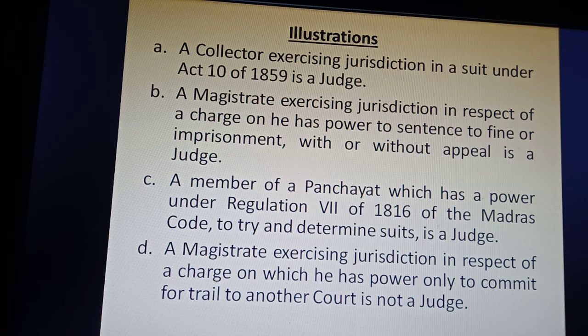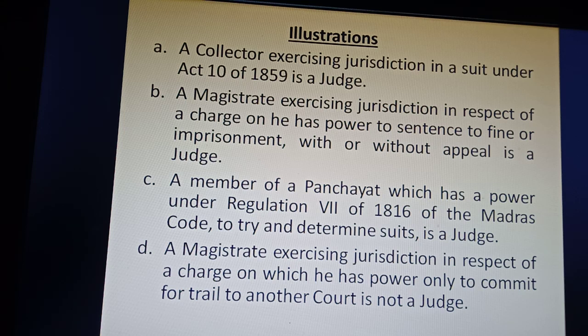Number B, a magistrate exercising jurisdiction in respect of a charge. In this case, the magistrate is exercising jurisdiction in respect of a charge on which he has power to sentence to fine or imprisonment.